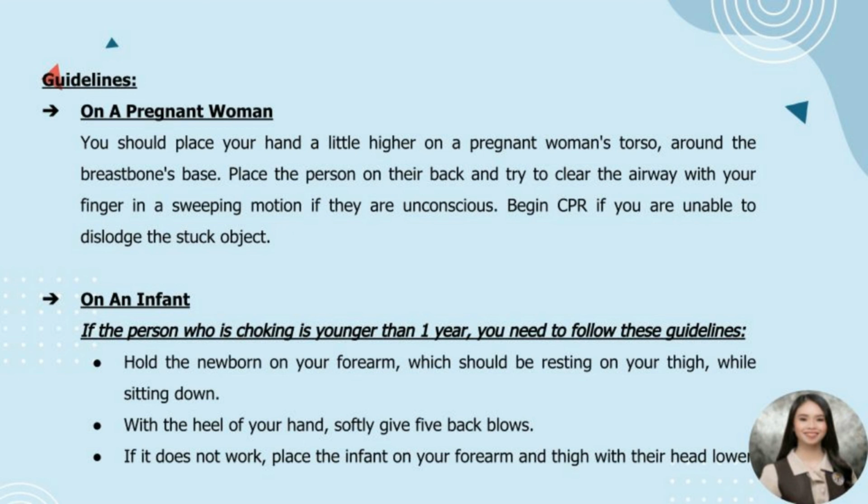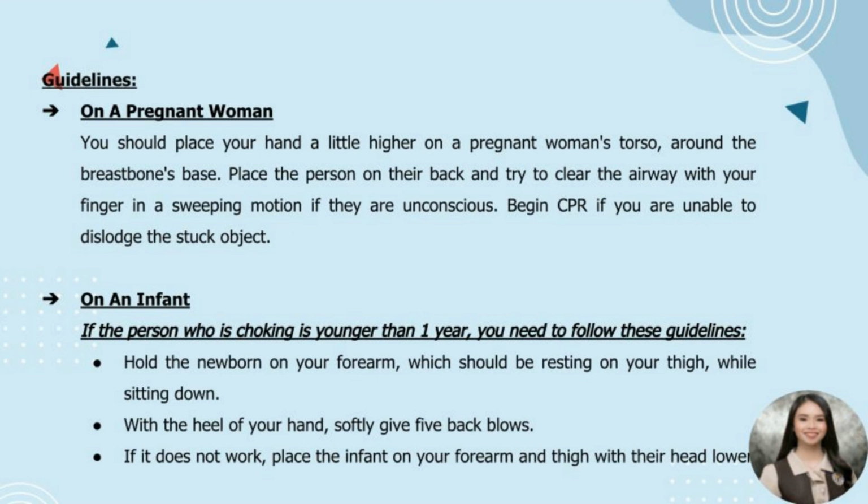For infant, if the person who is choking is younger than 1 year, you need to follow these guidelines. First, hold the newborn on your forearm, which should be resting on your thigh while sitting down. With the heel of your hand, softly give 5 back blows.